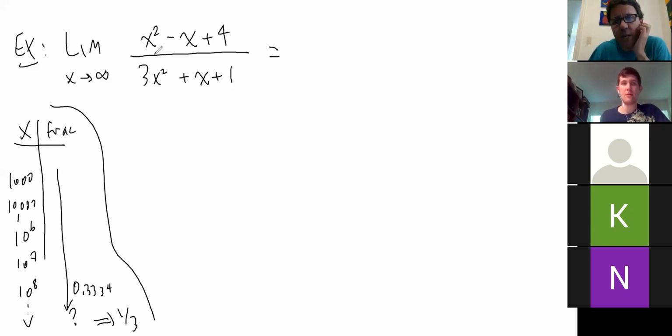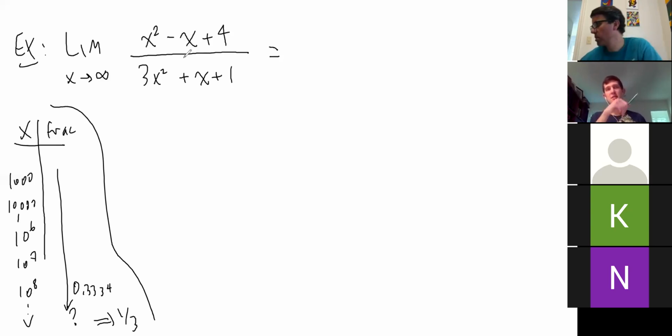So, well, I've got an x squared. It'll get infinitely bigger. Why? Because the first term is squared. Right. And it is equal to the denominator, whose highest power is squared too. Therefore, it will continuously get bigger.